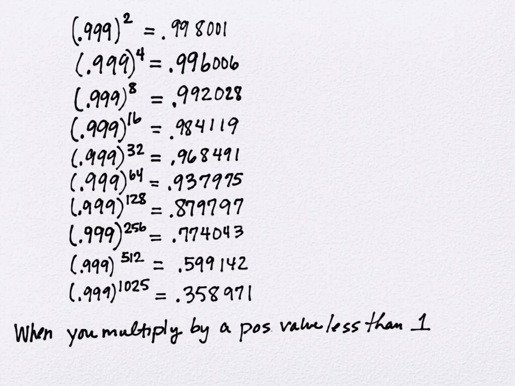That's what I'm doing every time I'm multiplying by 0.999 or something even smaller than that. I'm multiplying by something smaller than 1. Your product becomes smaller.